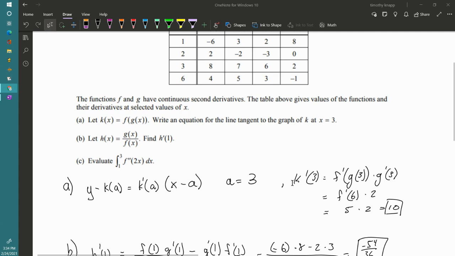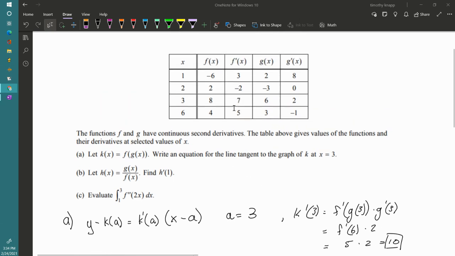And then you'd also need k prime of 3, which would end up being a 10. k prime of 3 is just a chain rule because they tell you that k is f of g. So the chain rule tells you that it's f prime of g times g prime, all evaluated at 3. And those values are given up here, okay?